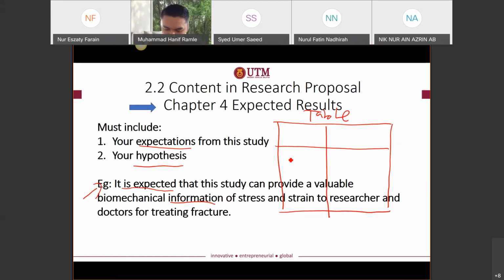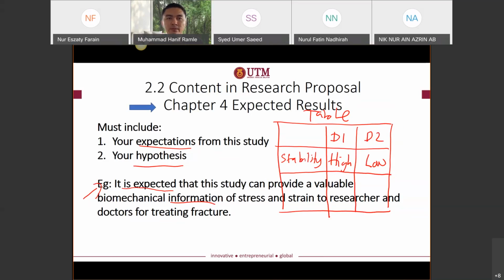For example, in terms of stability, you are comparing two designs, design 1 and design 2. You can put high for one and low for the other. So this is your expectation.